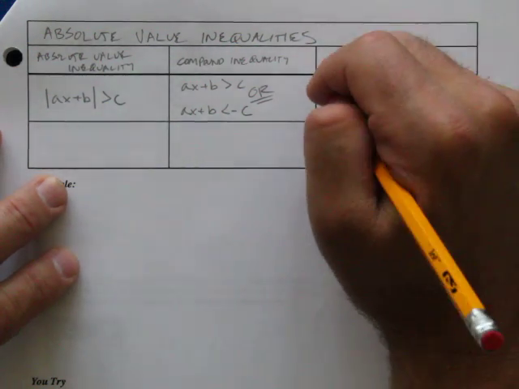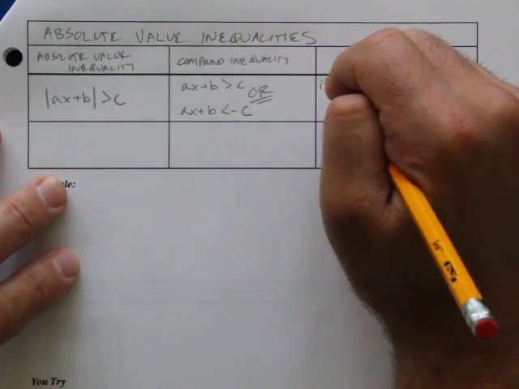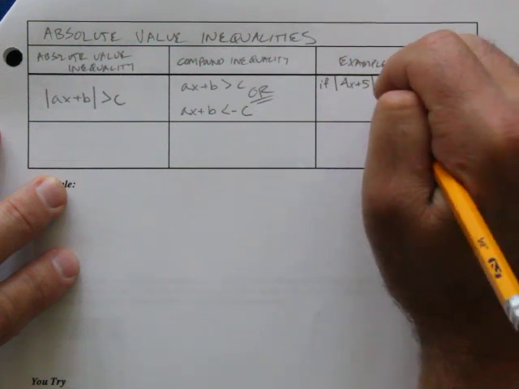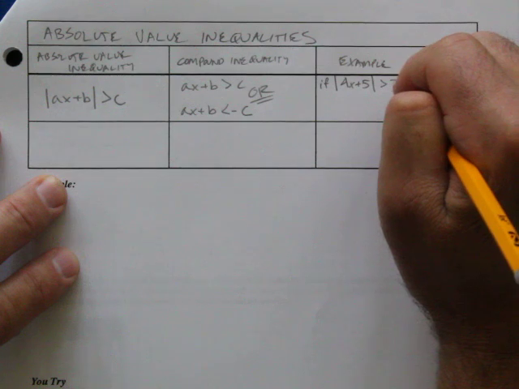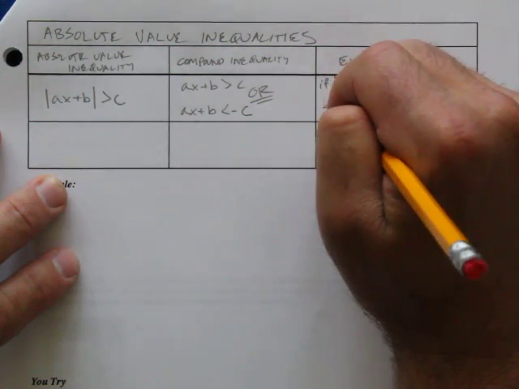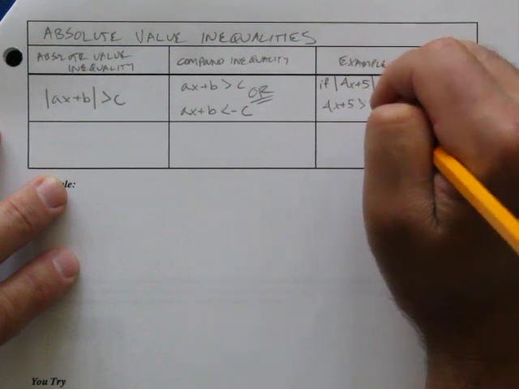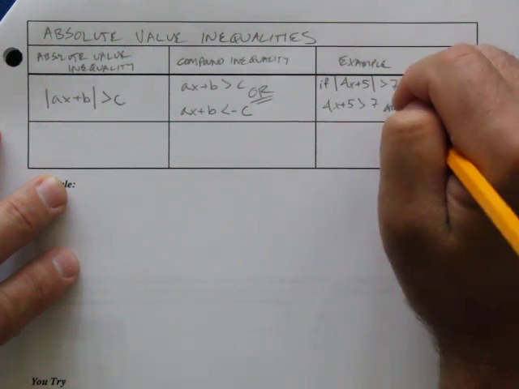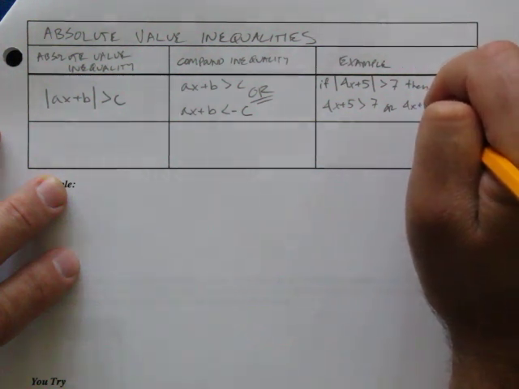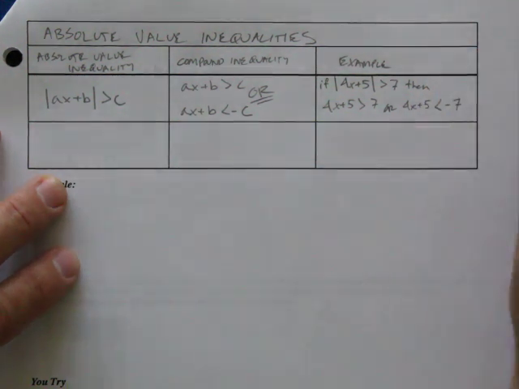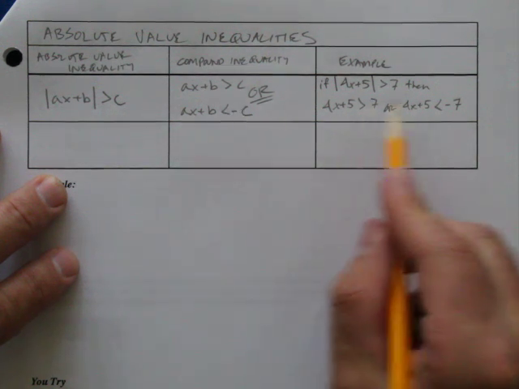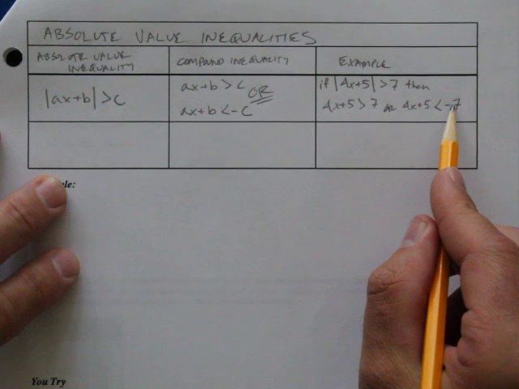Here's an example. If the absolute value of 4x plus 5 is greater than 7, then 4x plus 5 is greater than 7, or 4x plus 5 is less than negative 7. See how I switched my sign and made it negative.